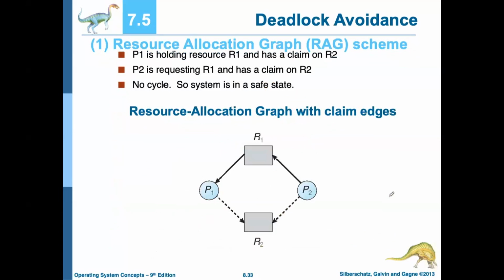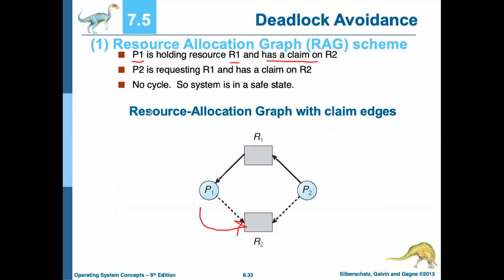So P1 is holding resource R1, and has a claim on R2, shown with the dotted or dash line.